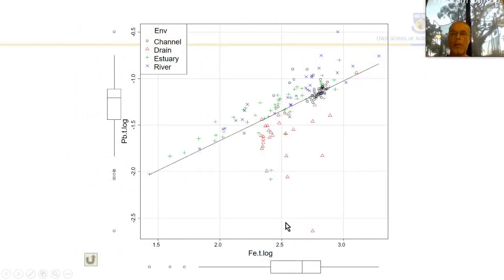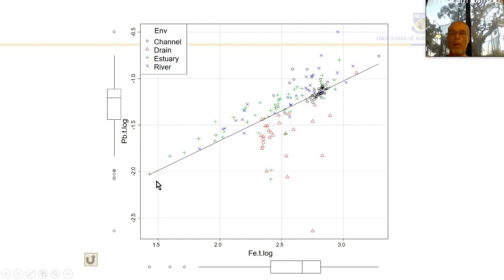So we've got lead as a function of iron. Often trace elements are dependent on iron to some extent, and these are in sediments from the Peel area in different environments. Channel, which is an estuary, drain, drain's a drain, the estuary itself, outside channels, and an inflowing river. What we actually see is that the drain sediments behaving quite differently there.